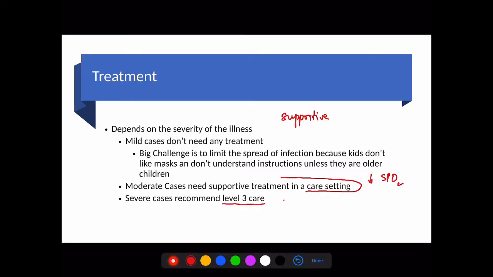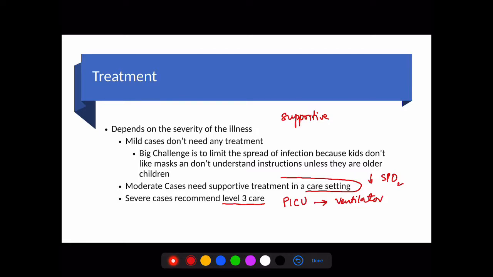That means PICU, and in PICU they need to be on ventilators. So with ventilator support, there are different settings which are used for ARDS: low tidal volumes, high PEEP to recruit the alveoli, and they have to be on the ventilator till the edema settles down and the lungs can function effectively again.